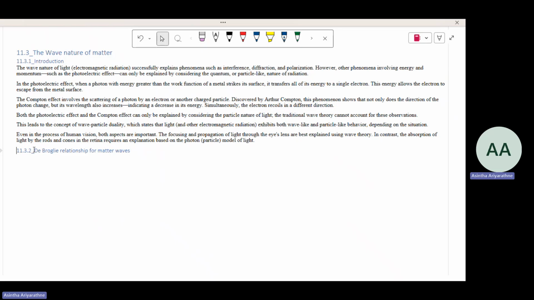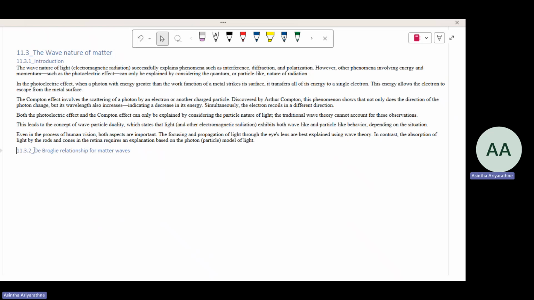But for each object, that bias is different. Normally, light shows more properties related to waves, not particles. But a ball shows more properties related to particles, not waves. So a ball is more biased towards the nature of a particle, while visible light is more biased towards the behavior of waves.